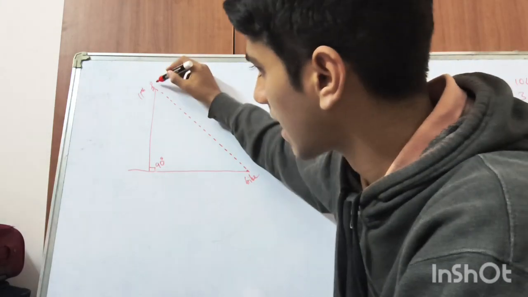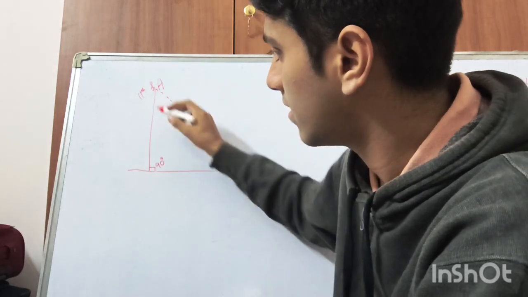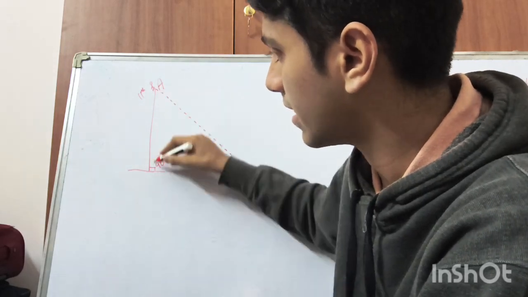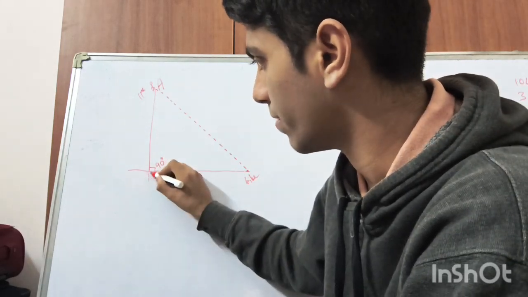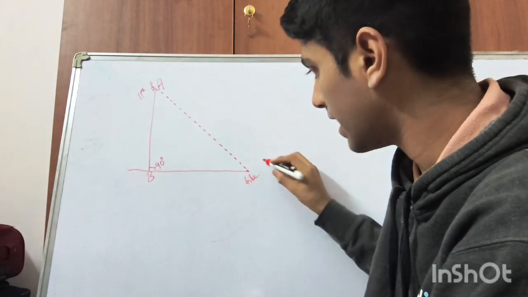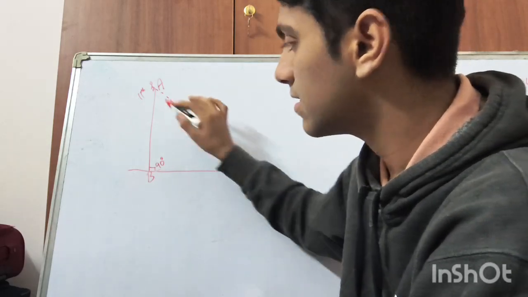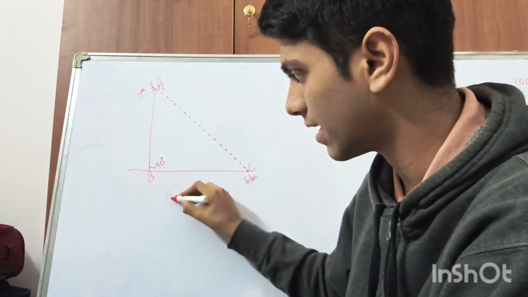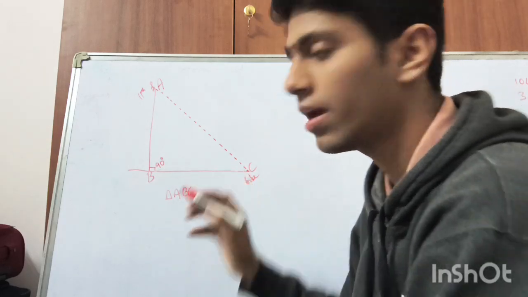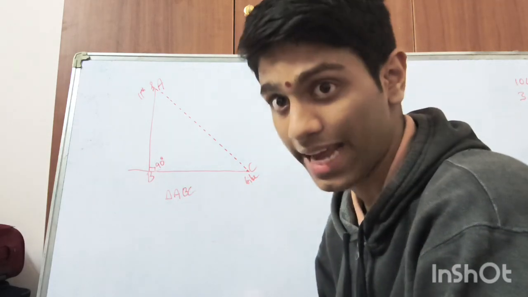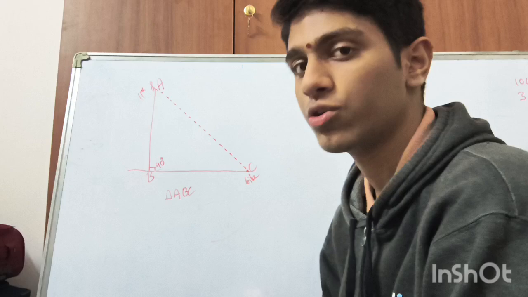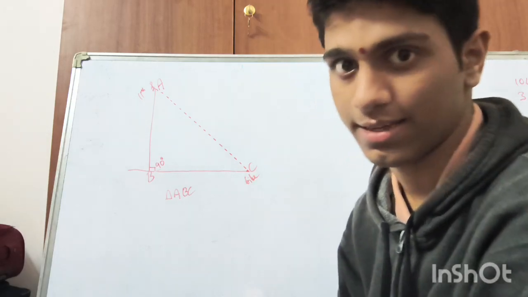And here is our bike, and this is my field of view. If you assume that I am standing at point A, the point exactly beneath where I am standing is point B, and the point where the bike is, is point C. This is nothing but triangle ABC, which happens to be a right angle triangle, meaning we can use our trigonometric formulas here.